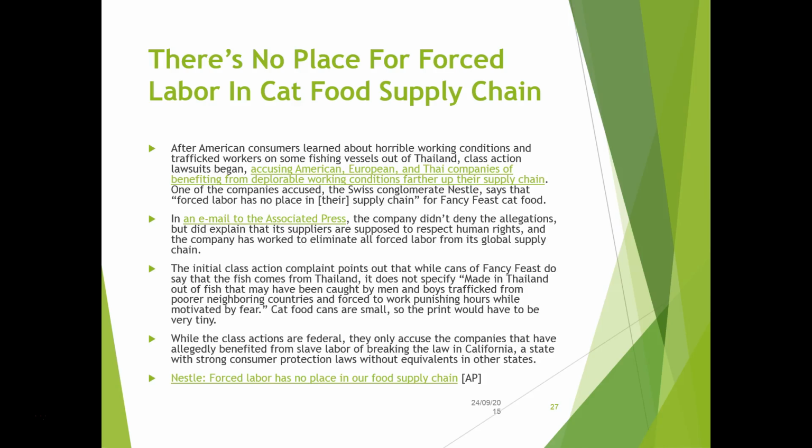But Nestle were actually buying fish from Thailand, which had been claimed to be made from fish that had been caught by men and boys trafficked from poor and neighbouring countries and forced to work punishing hours while motivated by fear. Now, what's happening now? There is a lawsuit against them in California, and they're coming under great scrutiny because of that.